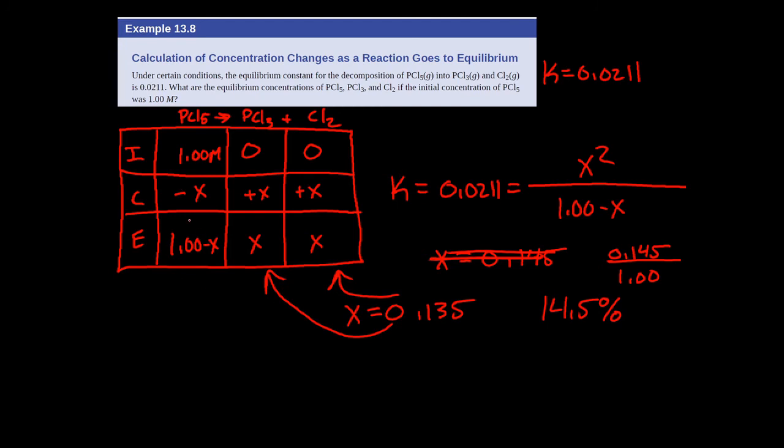And then the concentration of the PCl5 would just be 1 minus 0.135. Oops, sorry, I put the decimal point in the wrong spot. That would be 0.865. And those are our equilibrium concentrations.